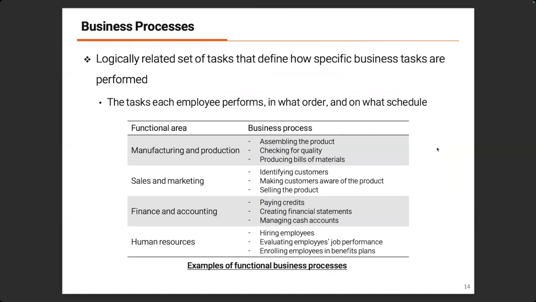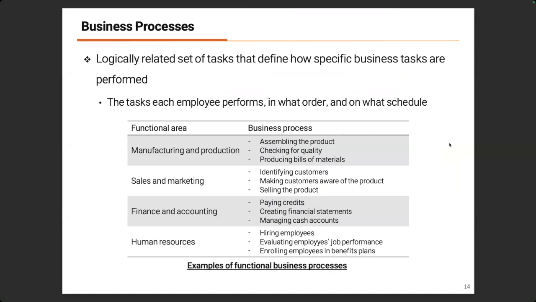Such a process is a business process. So the business process consists of business tasks, and a business process can be included in another business process. It can be a subset of another business process.